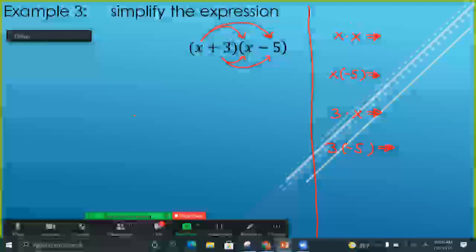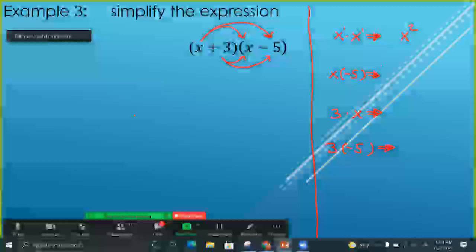Now, x times x. Remember, how do we write that with exponents? Well, it's like x to the first, and we basically stack them up. We keep track of how many there are using exponents. So since there's 2 x's here, we write it as x squared. We're done. x times negative 5.